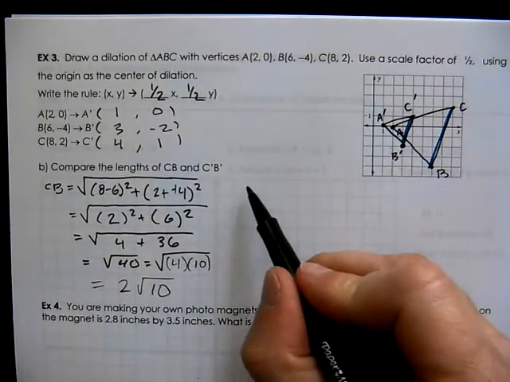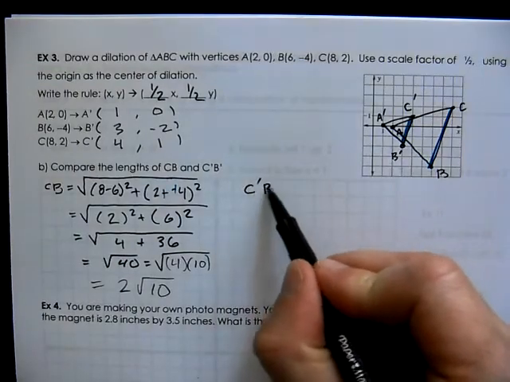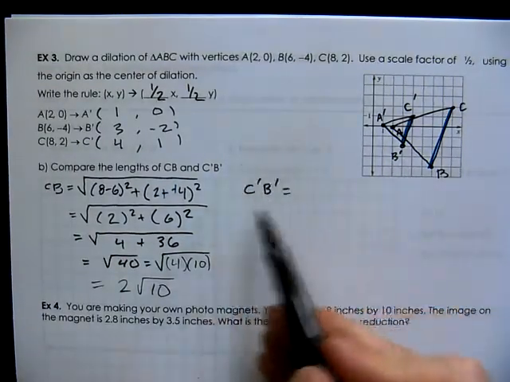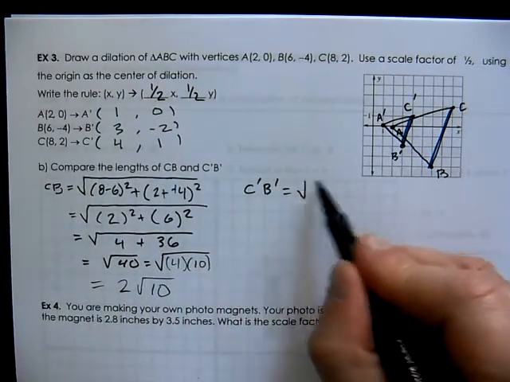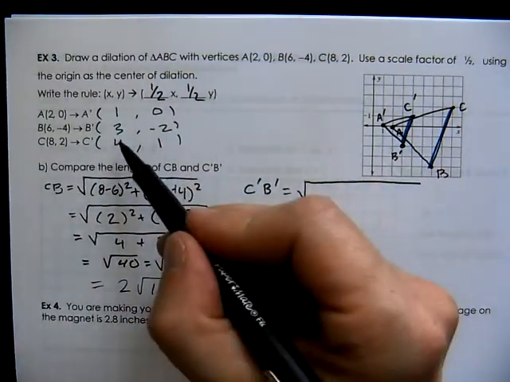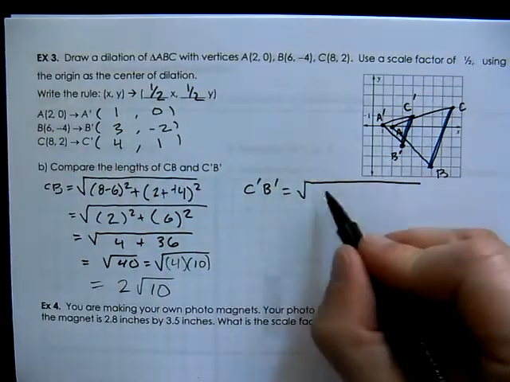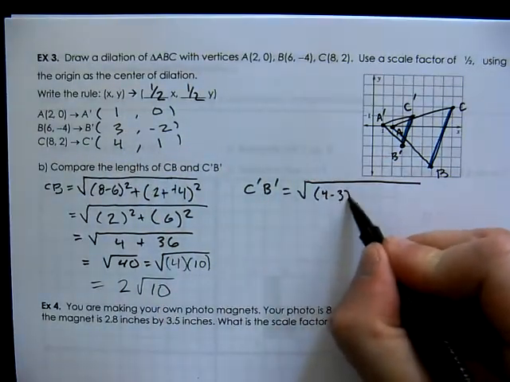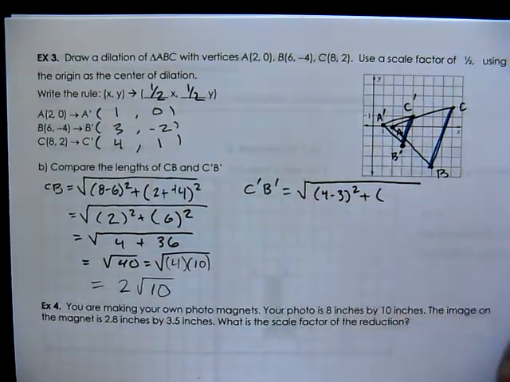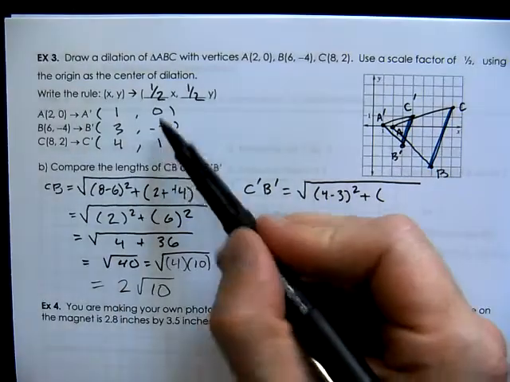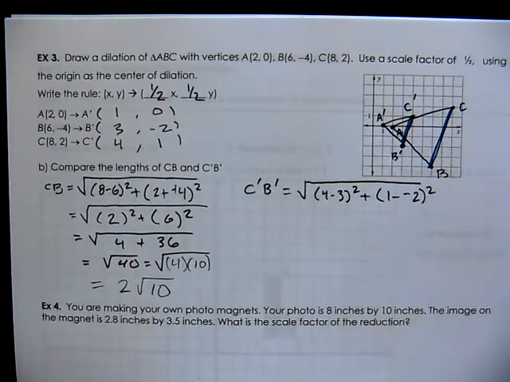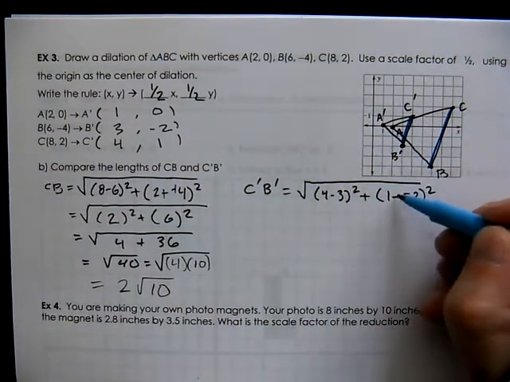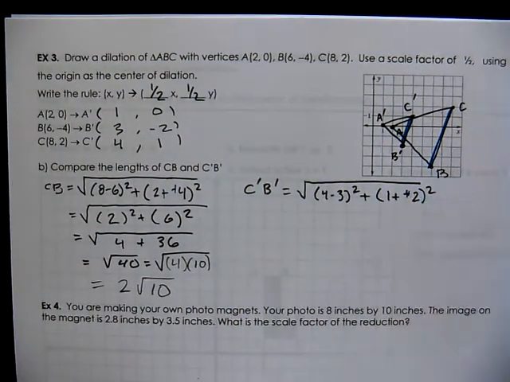We want to compare that with C prime, B prime. Alright, so those coordinates are right here. So let's set up our problem. Take the square root of, subtract those x coordinates of 4 and 3. So 4 minus 3, quantity squared, plus the y coordinates are 1 and -2. So 1 minus -2, quantity squared. And again, that subtracting a negative turns into adding a positive.